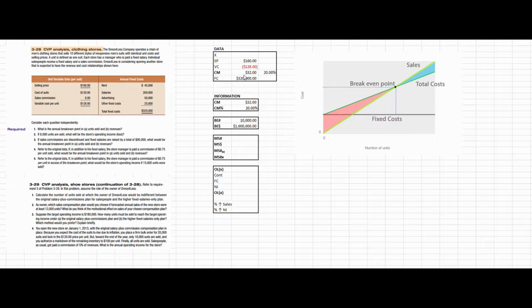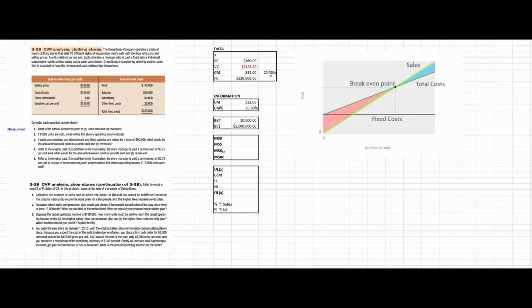And that's an absolute number. I can also calculate my contribution margin ratio. My contribution margin ratio is my contribution margin per unit expressed as a function of my sales price. How do I interpret my contribution margin ratio? It tells me how much of any given level of sales I get to keep in the form of contribution margin.